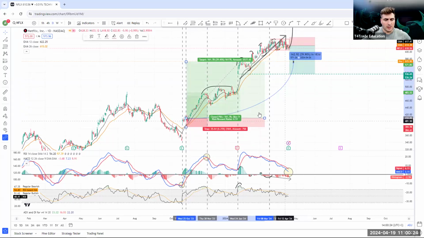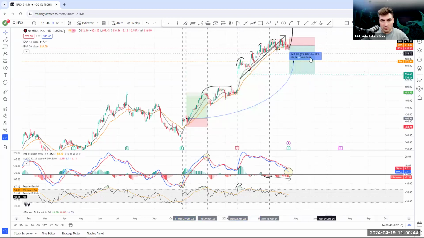So we're looking at a risk reward ratio of 6.3 to 1. Beautiful. Compare that to 3, getting double that. Actually, 3 times as much in regards to percentage gain. 40% compared to the 15.